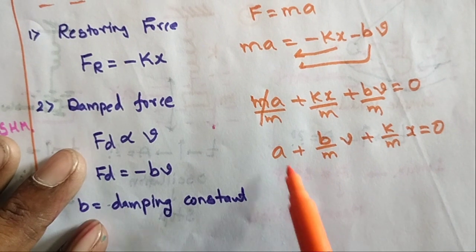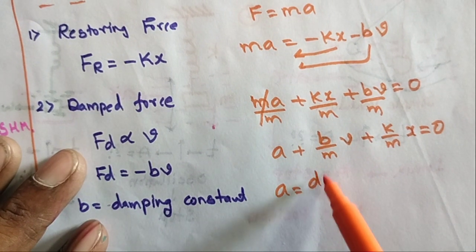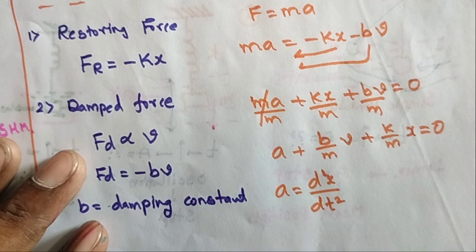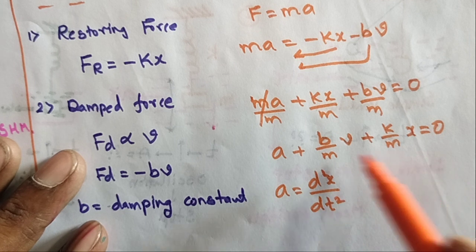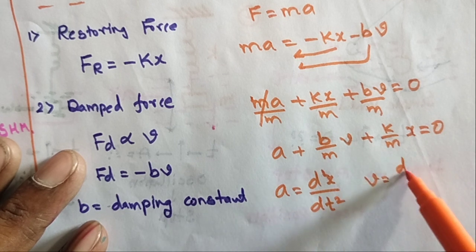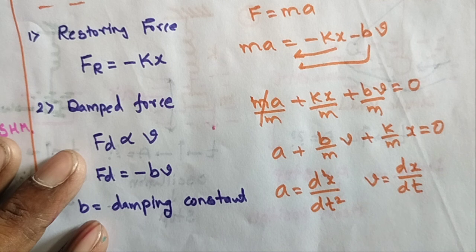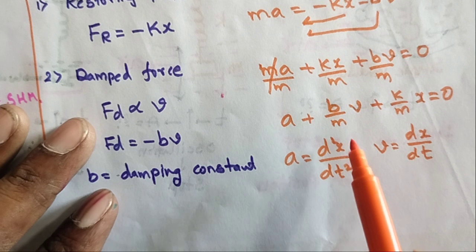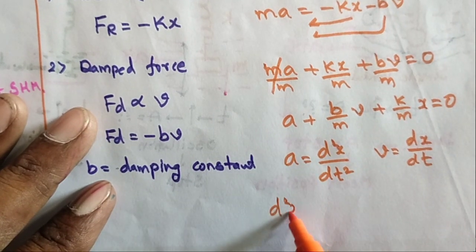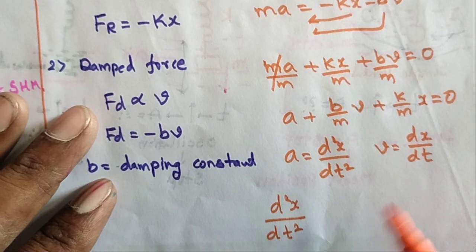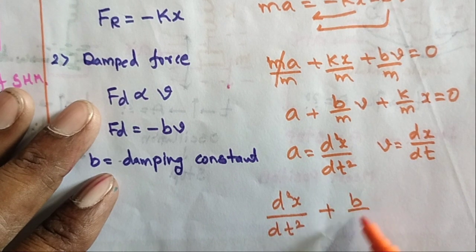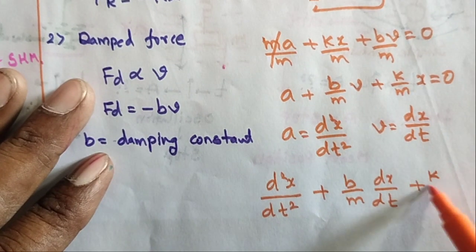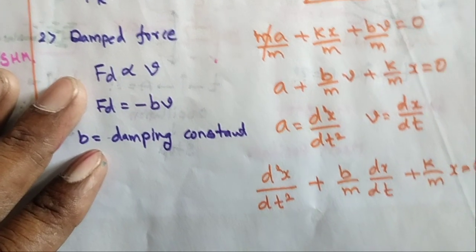We know that a is acceleration, that is d square x by dt square, the rate of change of velocity with time. The velocity v is dx by dt, the rate of change of displacement with time. Substituting the a and v values: d square x by dt square plus b by m dx by dt plus k by m x is equal to 0.